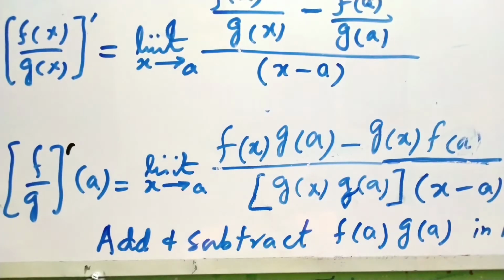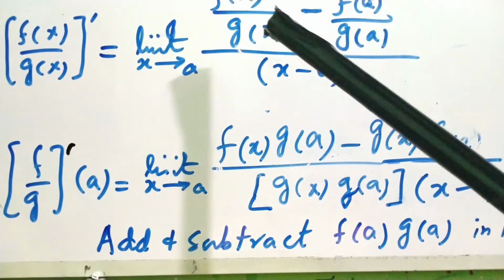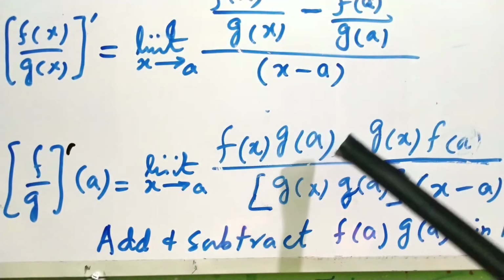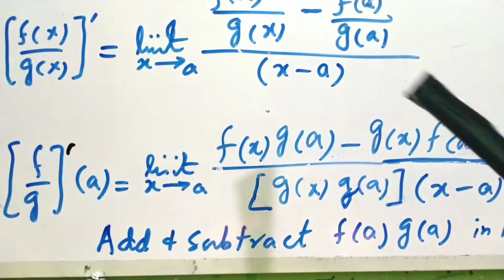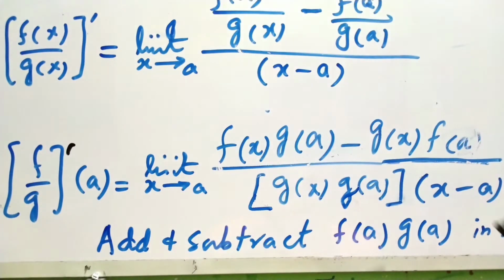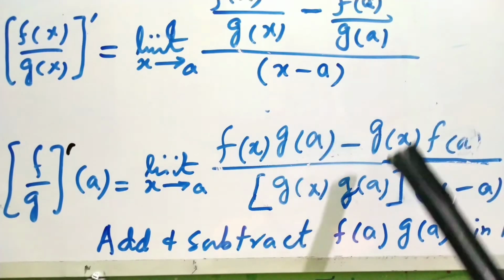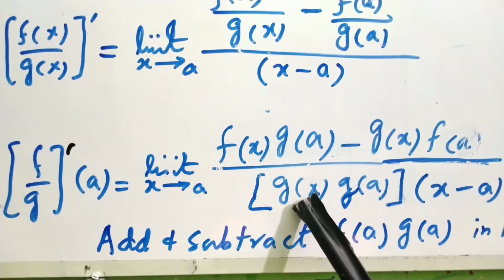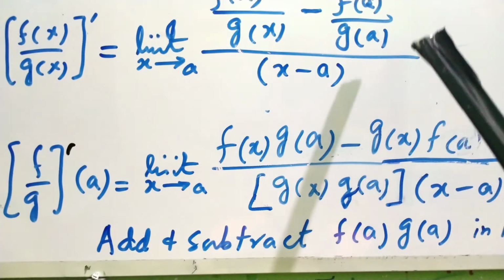Let's see. Now f over g dash of a will be equal to the limit as x approaches a of f of x, and we are taking the LCM here. So f of x into g of a, the g of x will cancel out, and g of a is multiplied by f of x, and again g of a cancels out, and g of x will multiply by f of a.